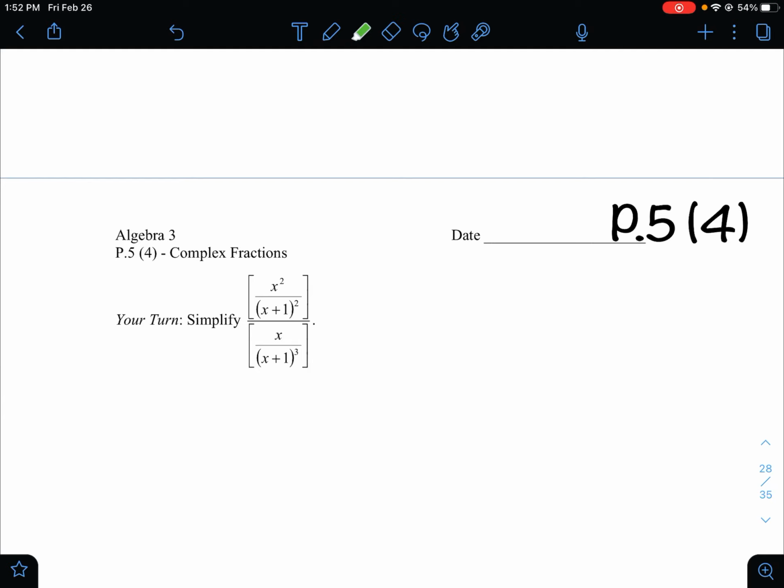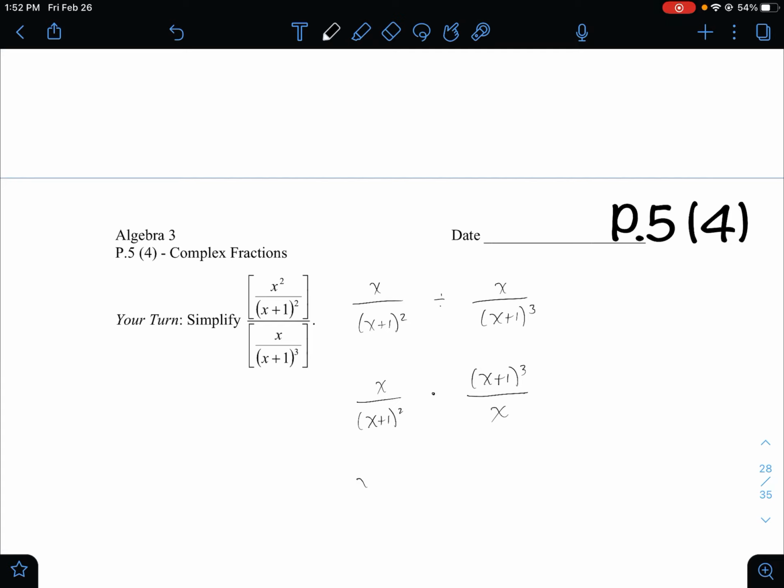Again, this one's pretty nice, because if I look at it, I already have one fraction being divided by another fraction. So I can already keep the first and multiply by the reciprocal.